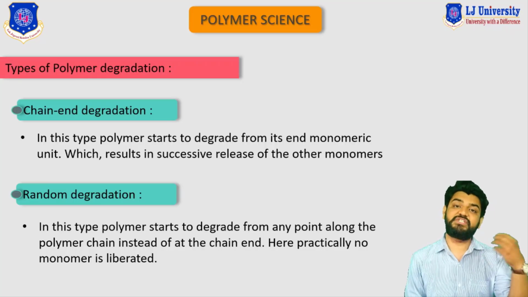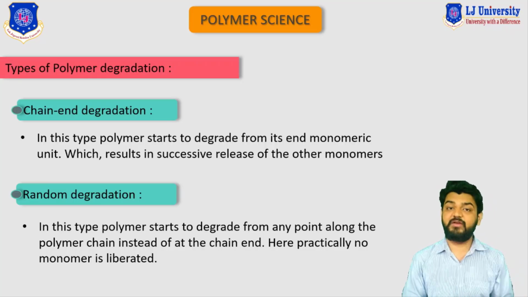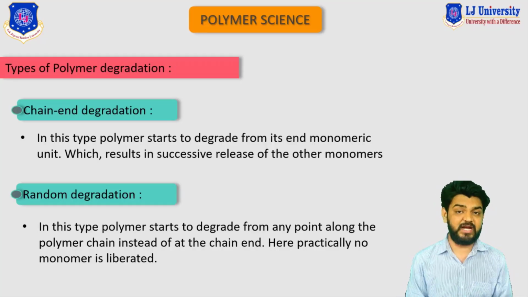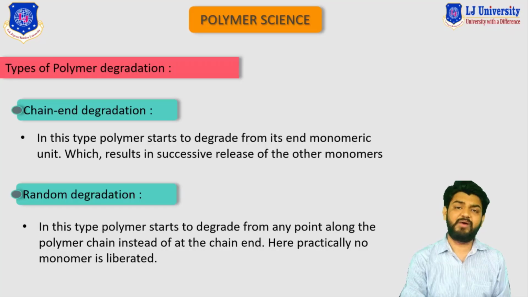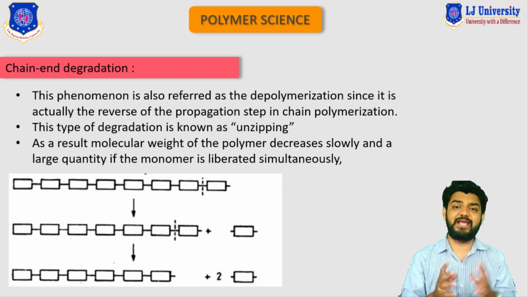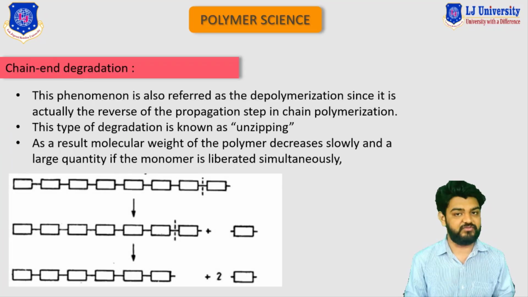That means with chain end degradation, we will always get monomer. But in the case of random degradation, it is not certain that we will get monomer every time. Now let's discuss chain end polymer degradation in depth.